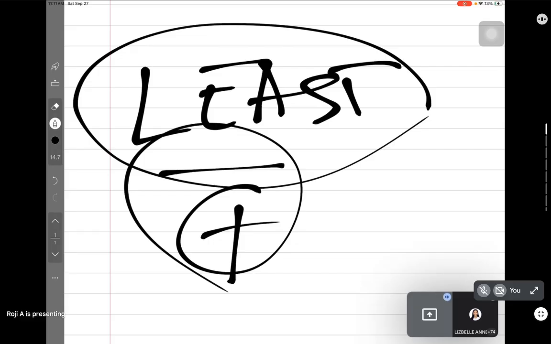It applies to all, po. You will apply it all the time to everyone. Correct? Opo. So that is your general rule: always least minus, highest plus.